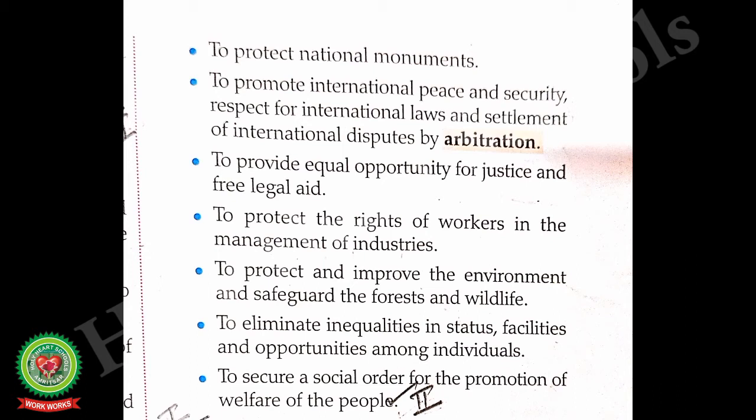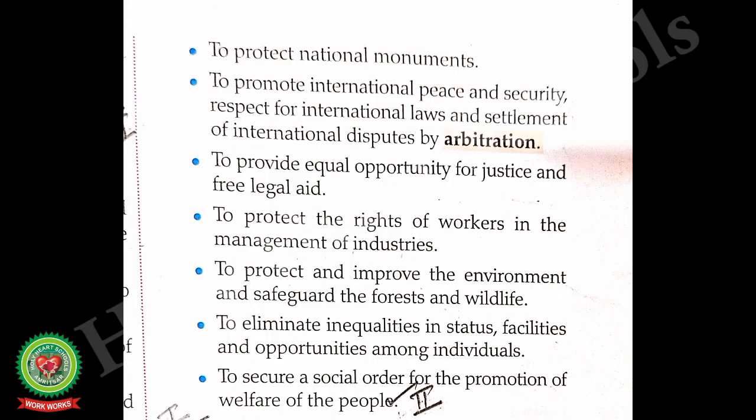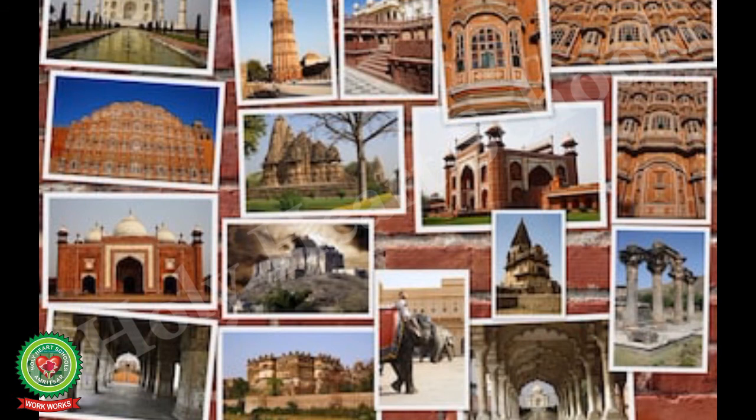Number 9, to promote international peace and security, respect for international laws, and settlement of the international disputes by arbitration. Here the word arbitration means the use of an arbitrator to settle a dispute. Article 49 lays down that it shall be an obligation of the state to protect every monument or object of artistic or historical interest.